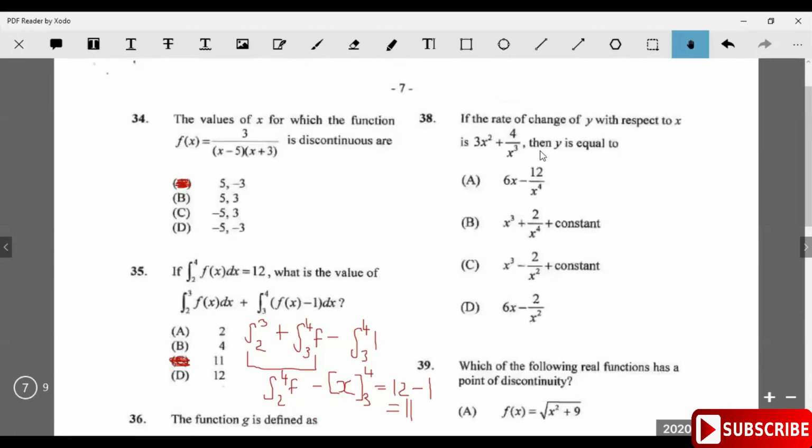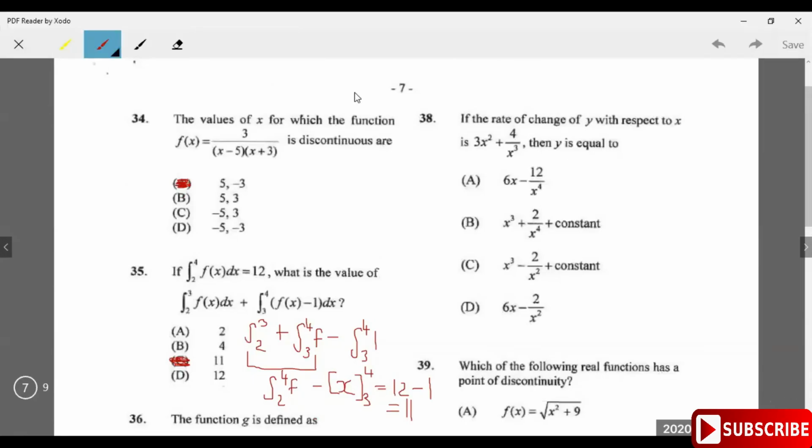Question 38. It says, if the rate of change of y with respect to x is this. So they're giving you dy by dx. They said dy by dx is equal to 3x squared plus 4x cubed.